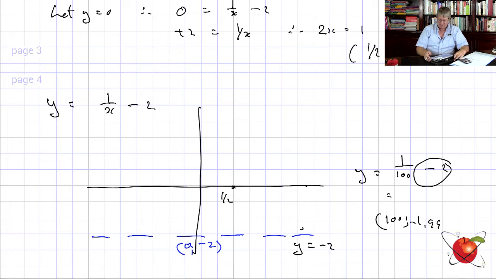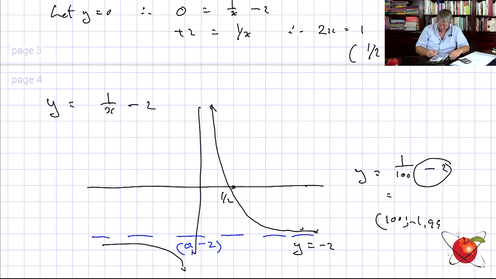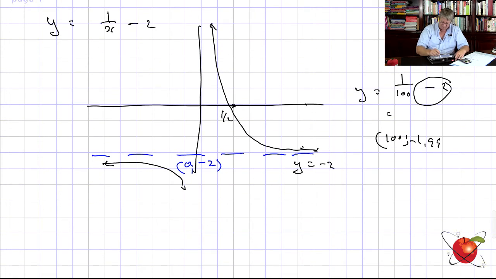So what we're saying is that if you plot it, it actually does that, and this comes down like that. So the whole graph has actually dropped down by q.